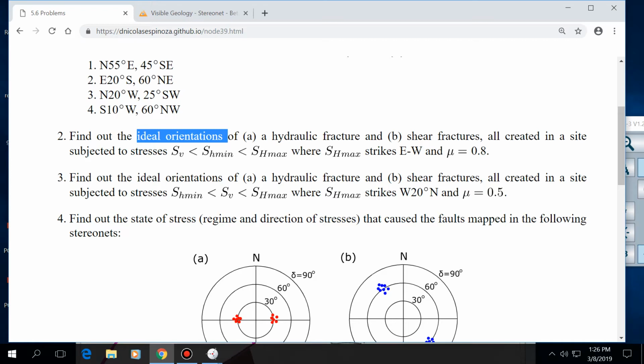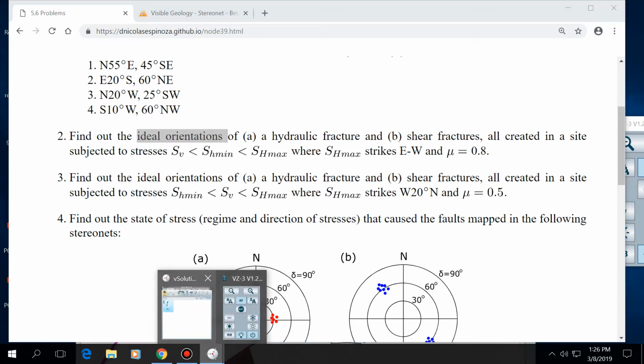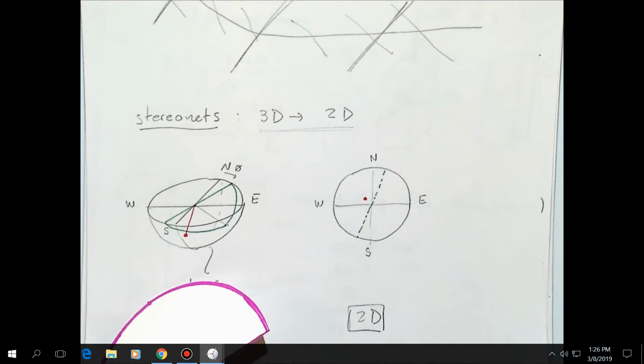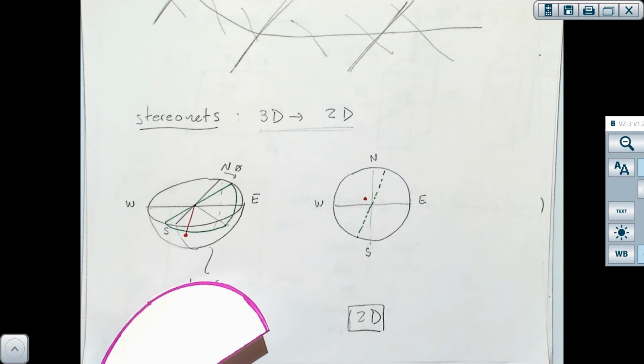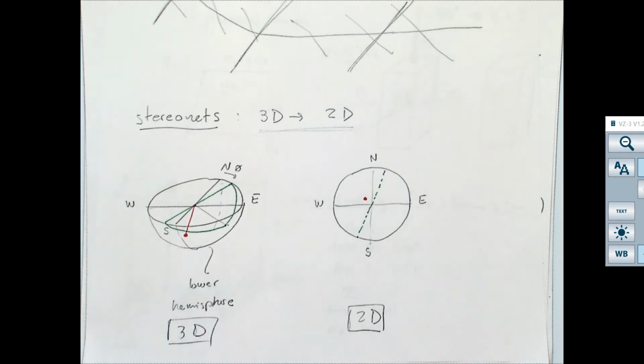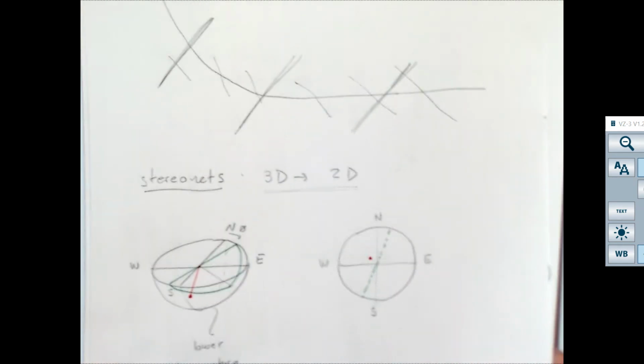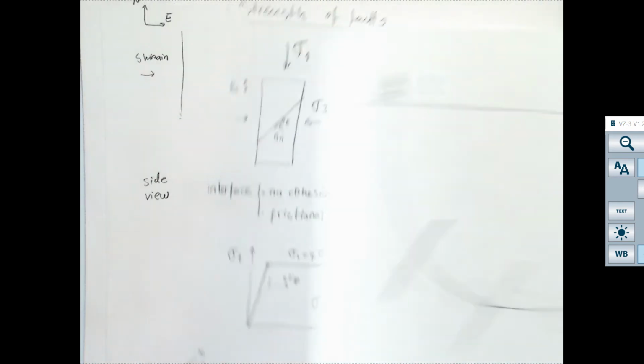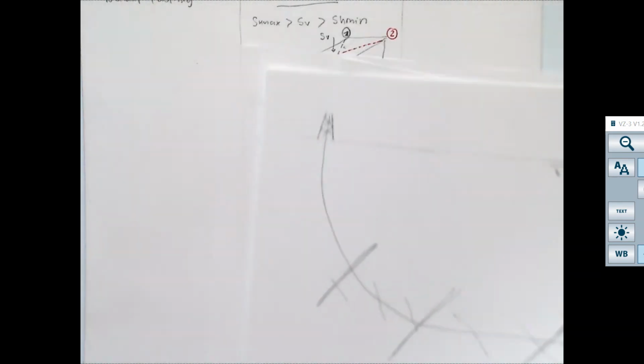But now we're going one step further. We need to find what is the ideal orientation also of shear fractures. And in order to do that, we need to know not only the state of stresses, but there is one more variable, and that variable is the friction angle.